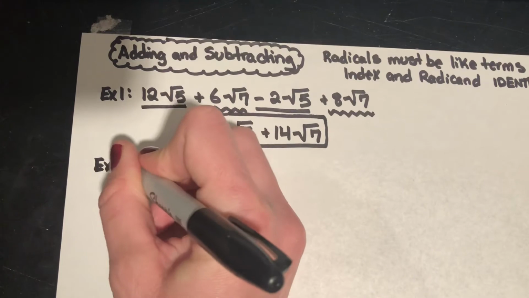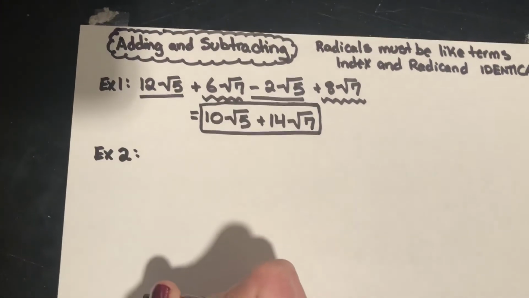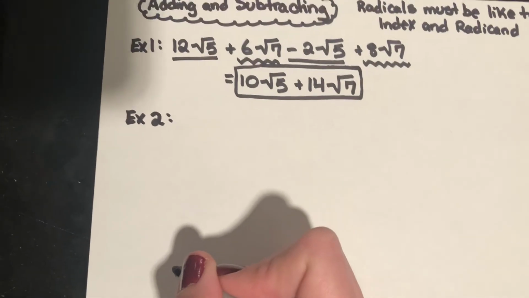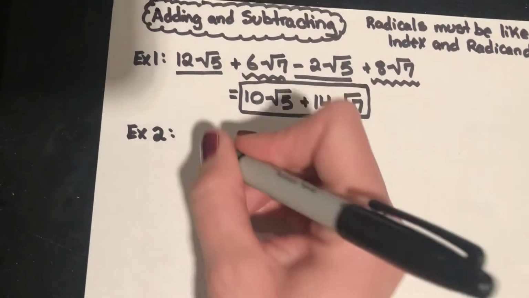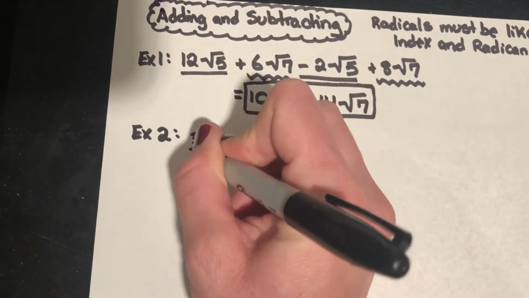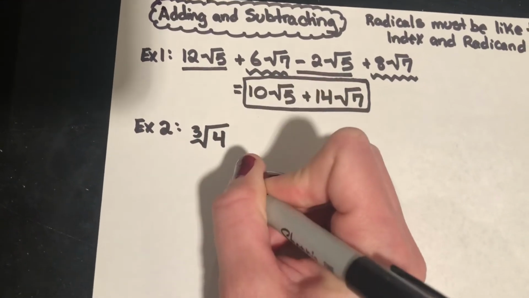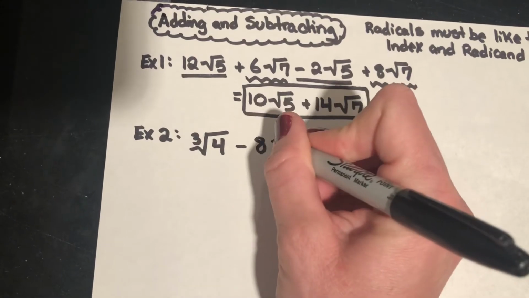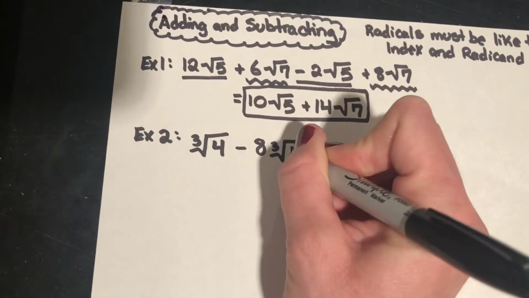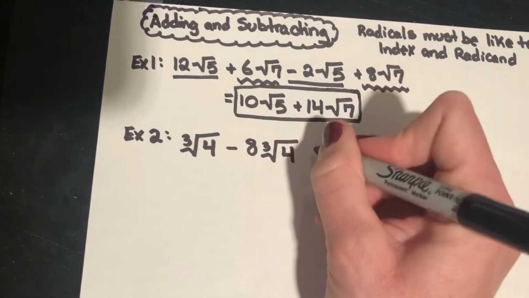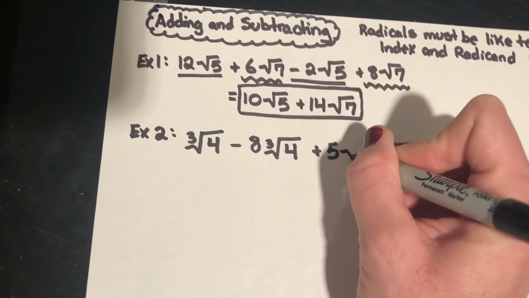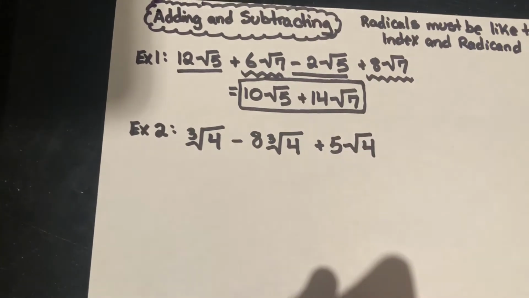Example 2. Let's get a little bit more complicated. Let's add in a couple different indexes here. We're going to go the cubed root of 4 minus 8 times the cubed root of 4, again, plus 5 times root 4.